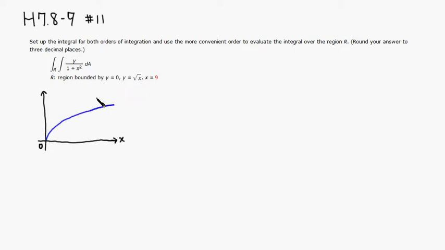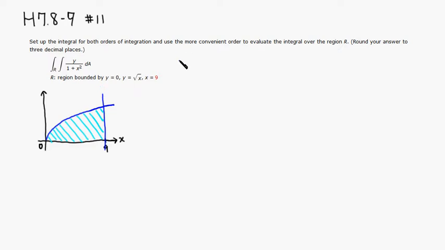And x equals 9, so it's got to be somewhere around there, and this is that. Here is the region. So let's set it up in two different ways.